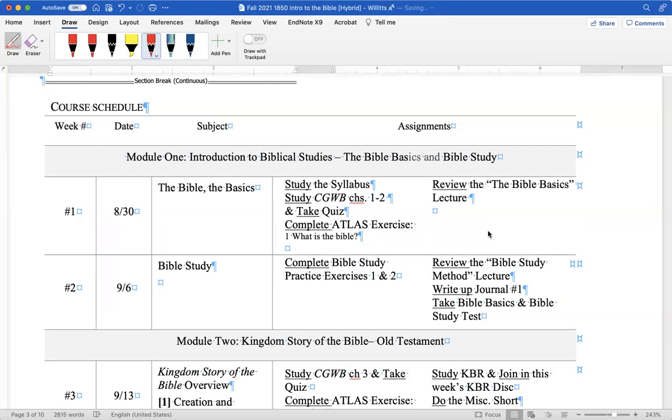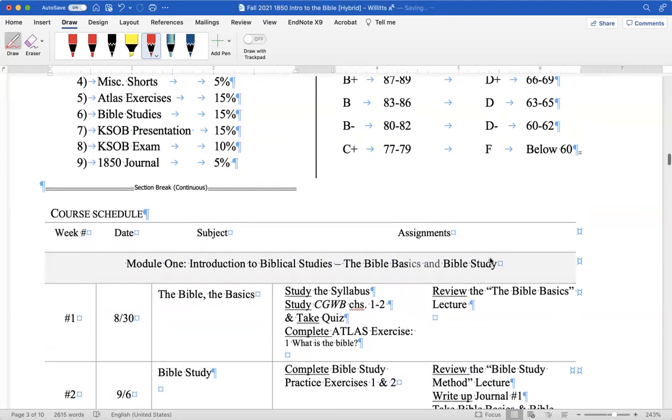An academic week for this class begins on Monday and goes through Sunday. That is our academic week.